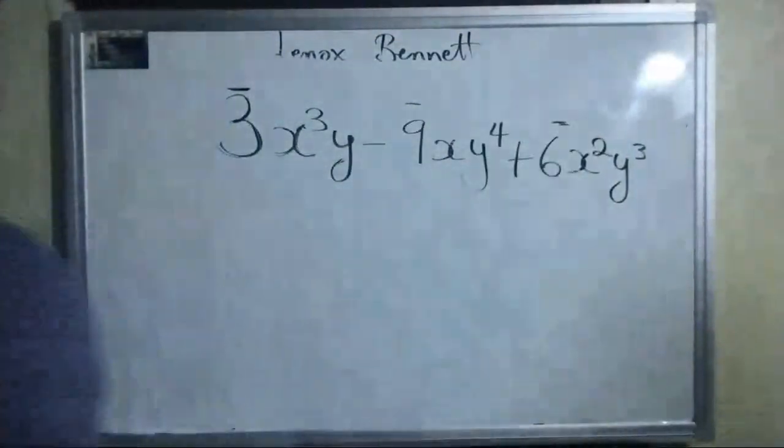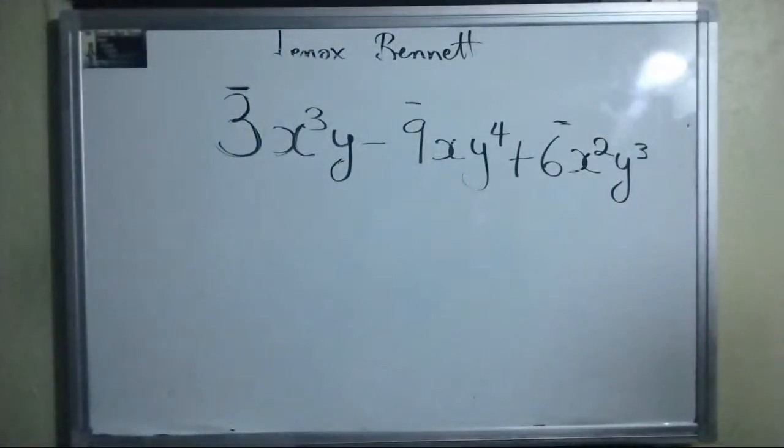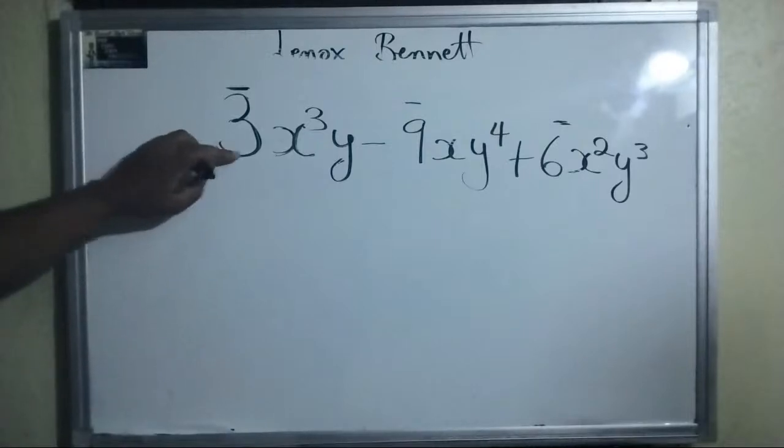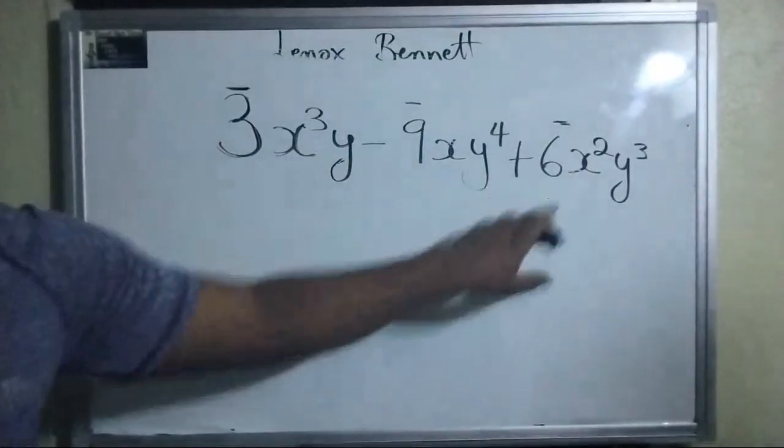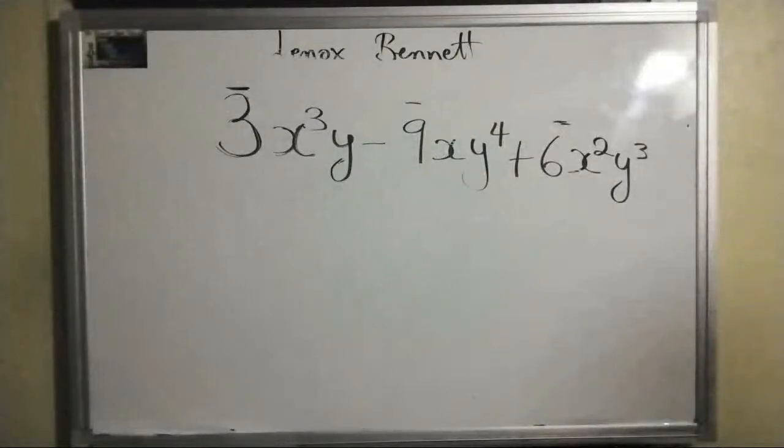So first we focus on the numbers. What's the highest number that 3, 9, and 6 can go into without a remainder? Put that in the comment section. What is the highest common factor of 3, 9, and 6? Let's take it back to primary school. 3, 9, and 6, what number is that?